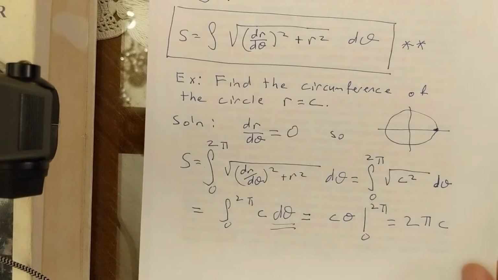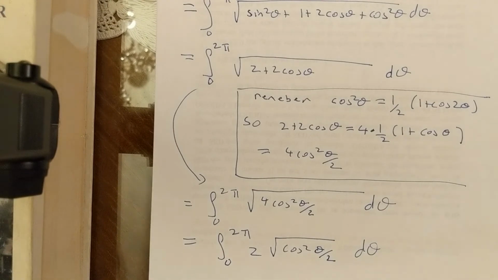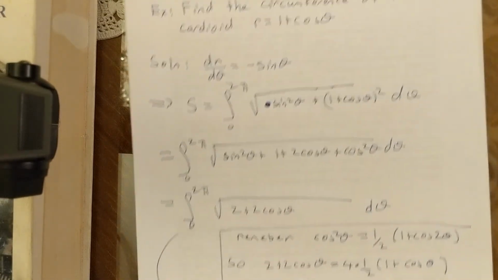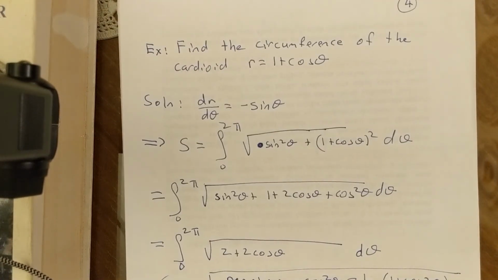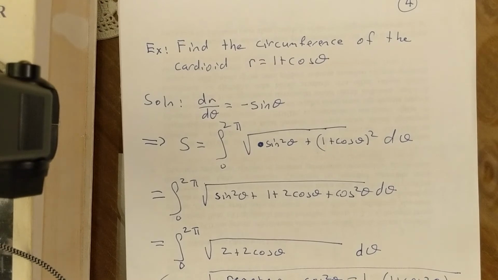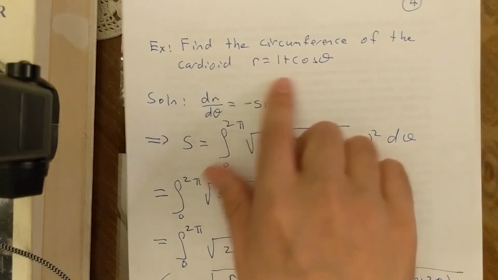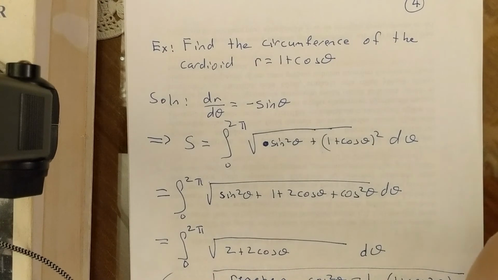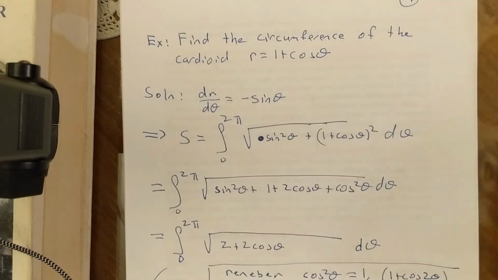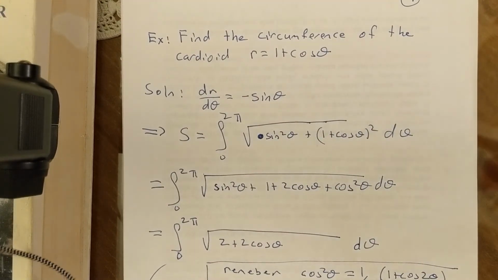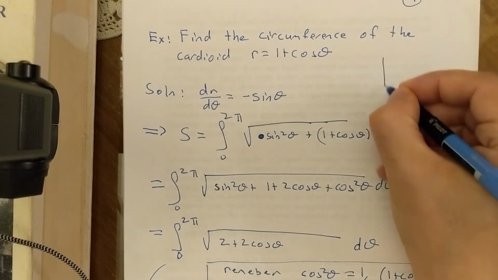Okay, so now this was an easy example. Let's do an average example, something more interesting. Again, we're going to go back to our good old friend 1 plus cosine theta. So we have the cardioid 1 plus cosine theta, and I would like to find its circumference. Remember, we drew this before.